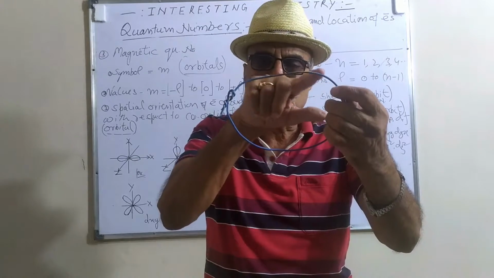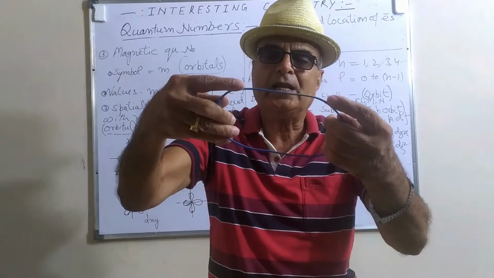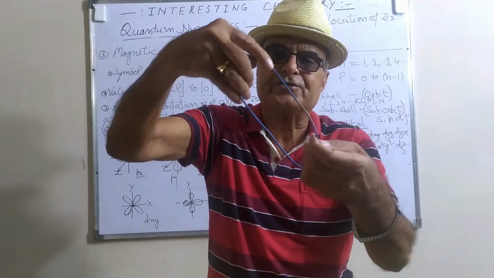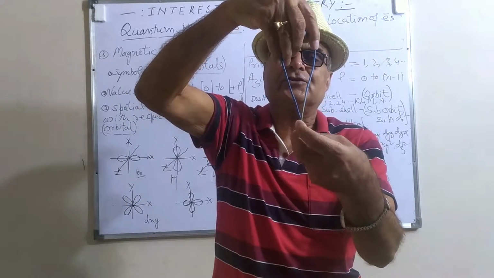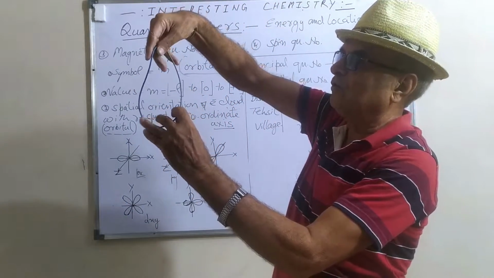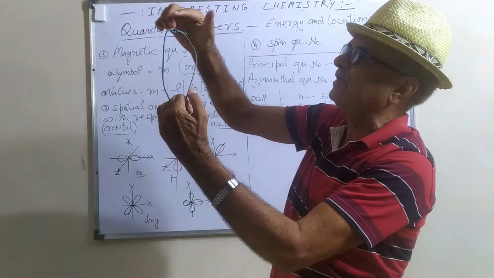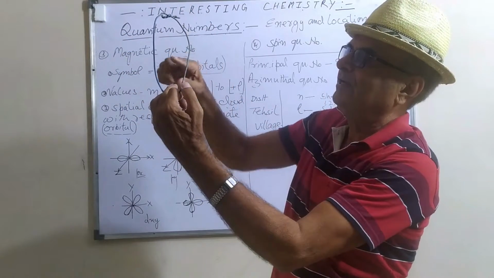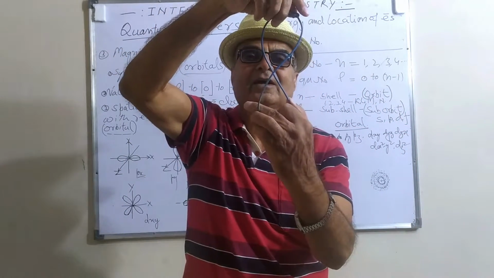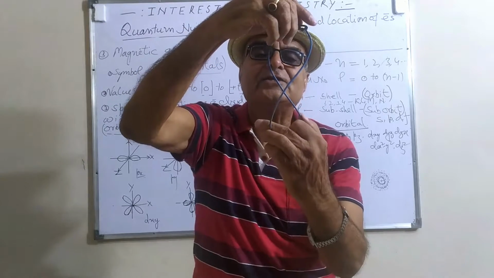When the electron cloud comes nearer to the positive charge, this elliptical or oval path gets twisted like this. Here is the nucleus, and the path of the electron will be like this, and this, and this. When you see it in this form, it looks like a dumbbell shape.